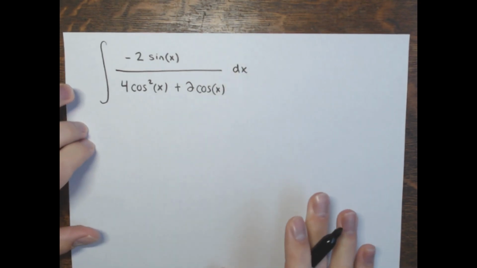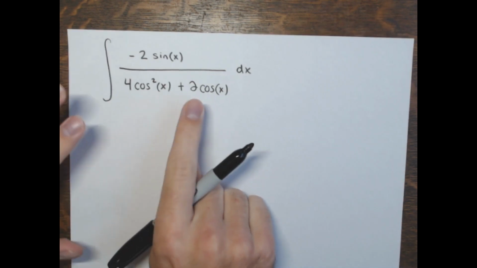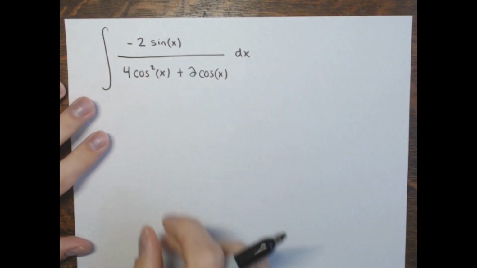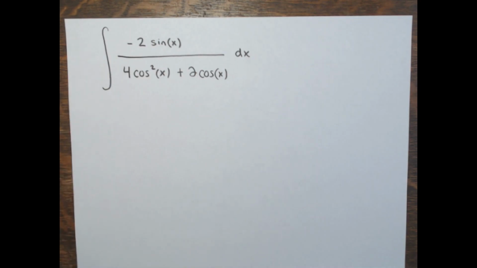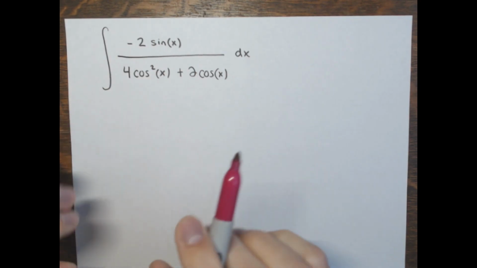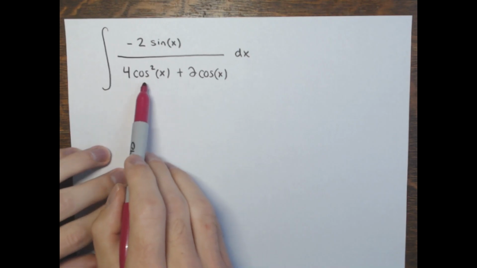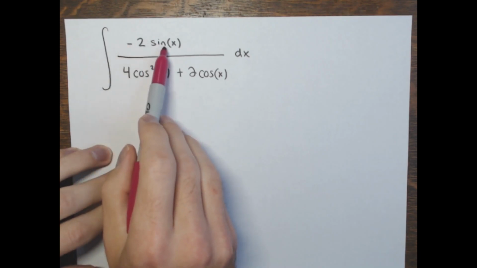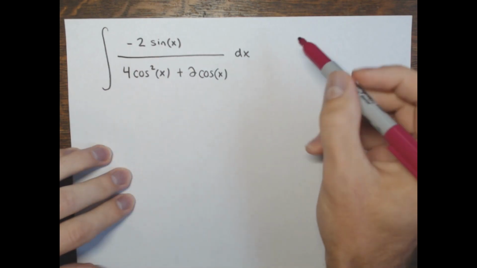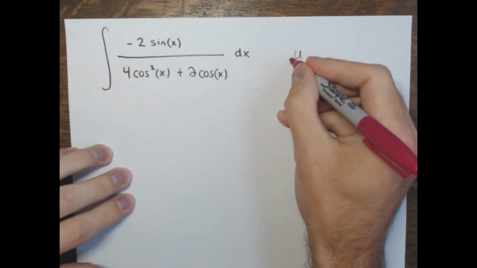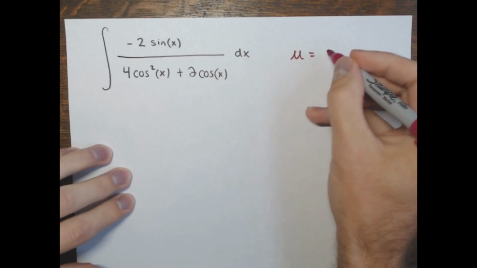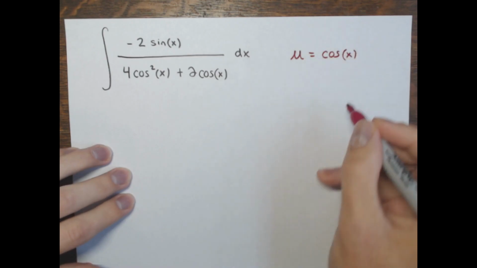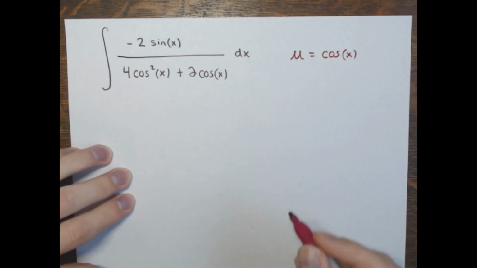Okay. So again, at the moment, it's some trig integral, not a rational function, not a polynomial over a polynomial. But if I were to make the following sub, isn't the derivative of cosine negative sine? So say I let u be just cosine. Everywhere there's a cosine of x, I'm going to replace it with u.